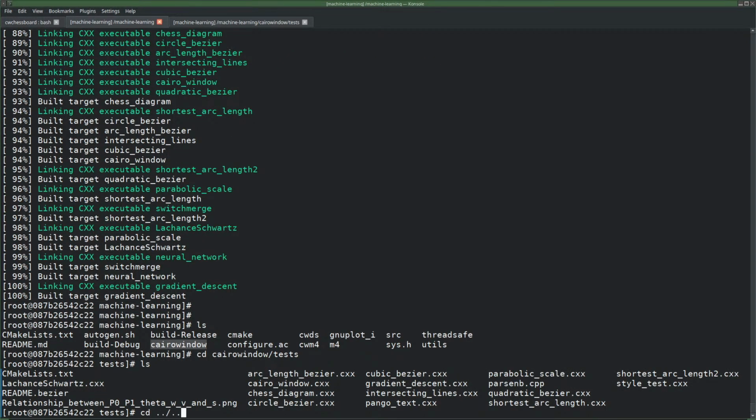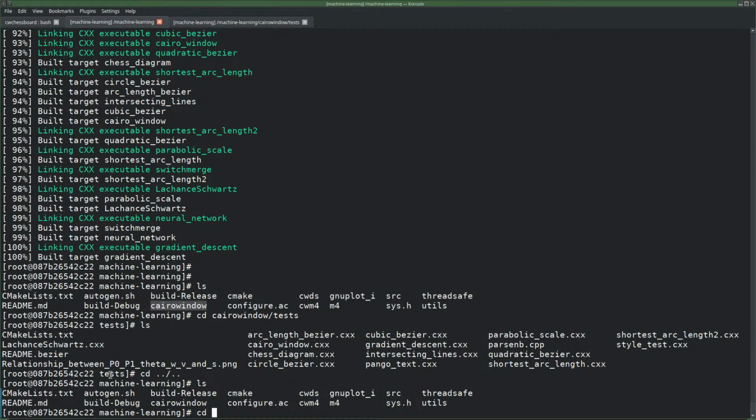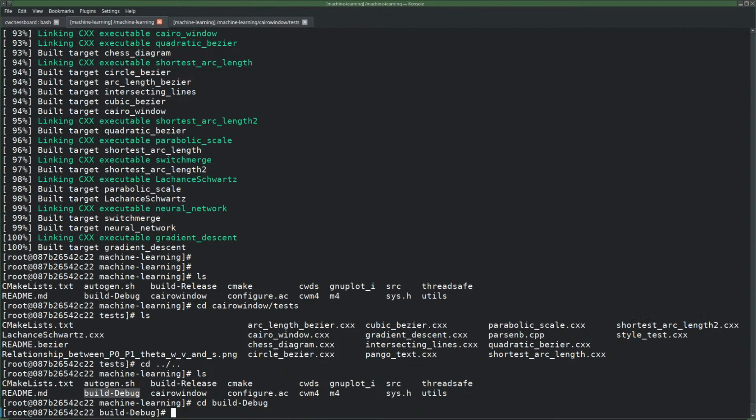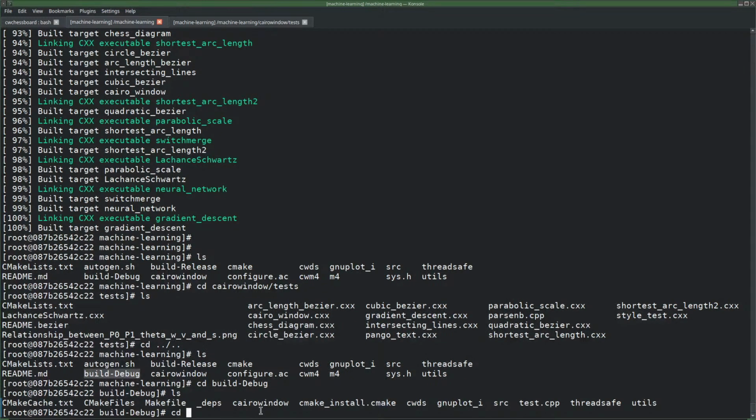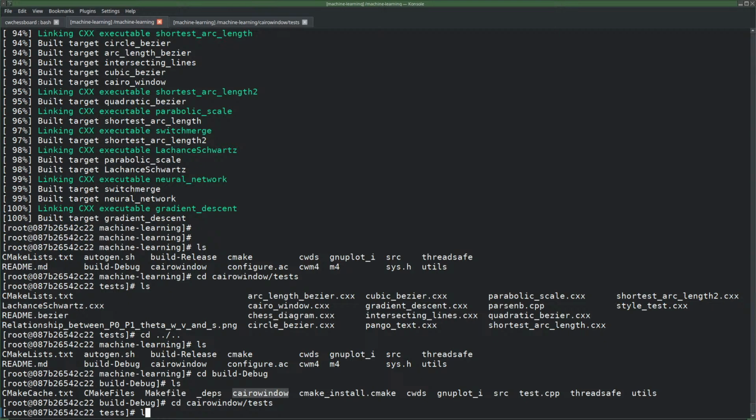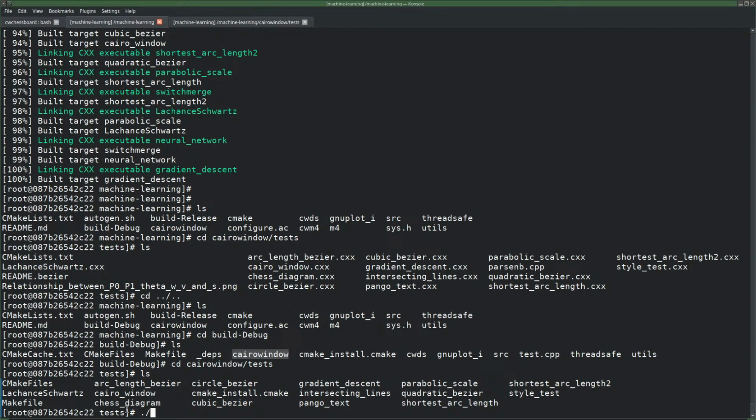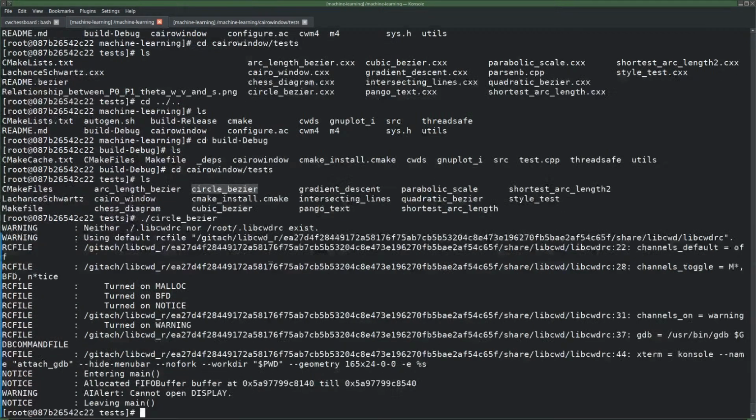Oh wait, I should go to debug, build debug. And then to create window test. And then we just run something like circle DJ, and it's going to tell me cannot open display.